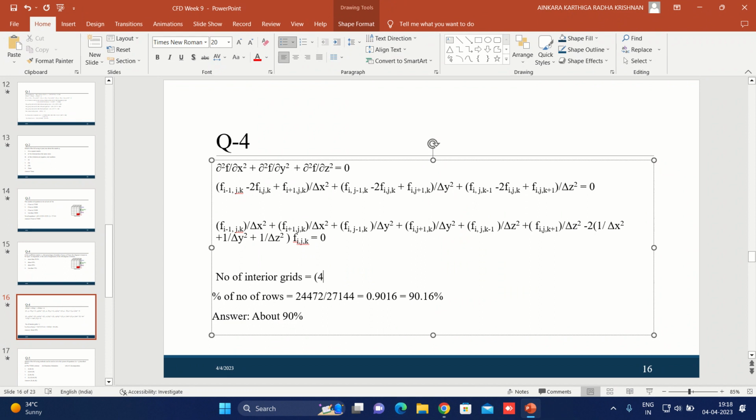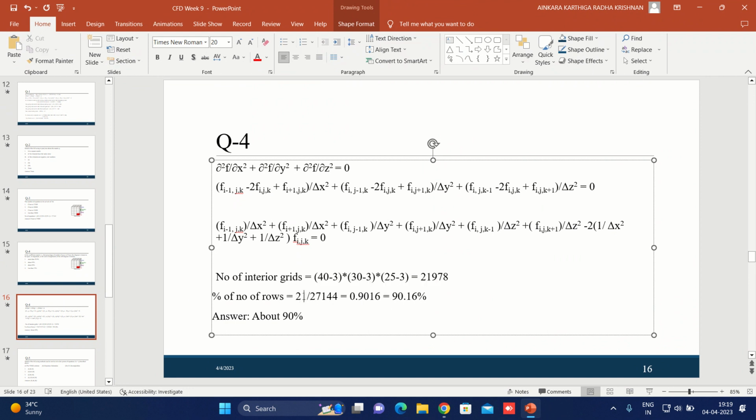As we saw in the last one, it is 40 minus 3 into 30 minus 3 into 25 minus 3, which was giving an answer as 37 into 27 into 22, 21,978. So this many grid points would give us the values.